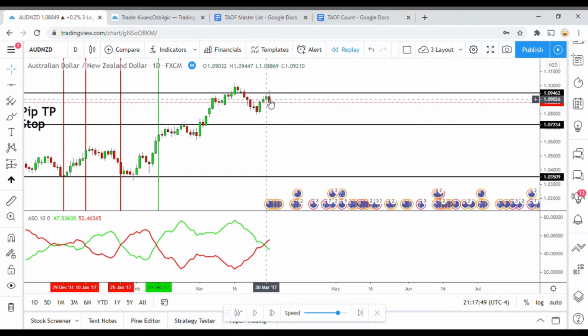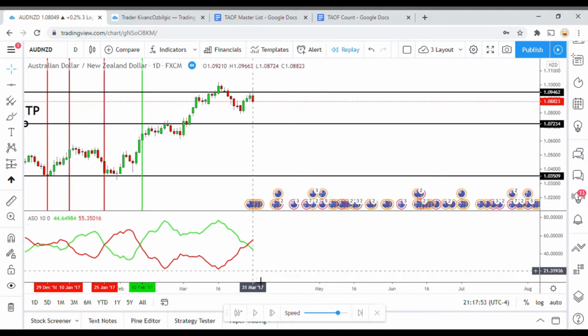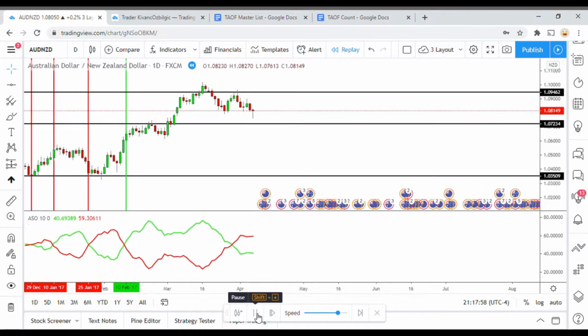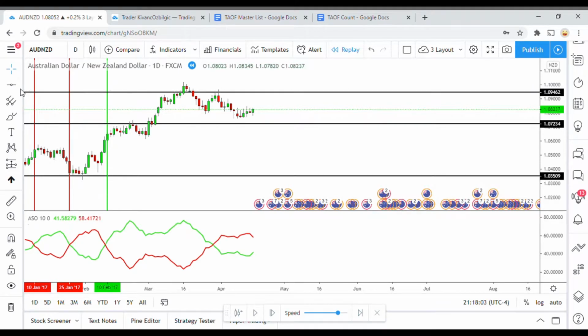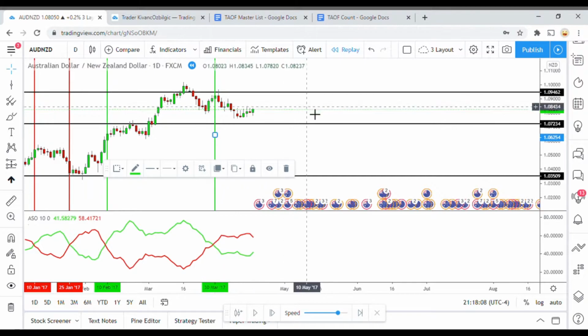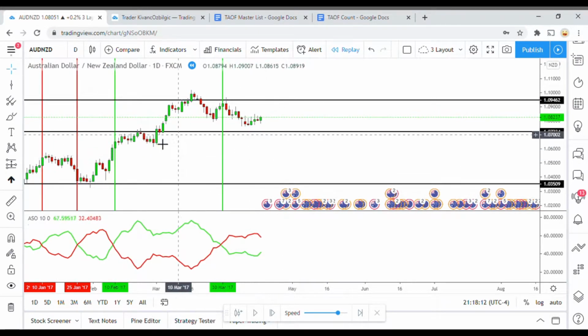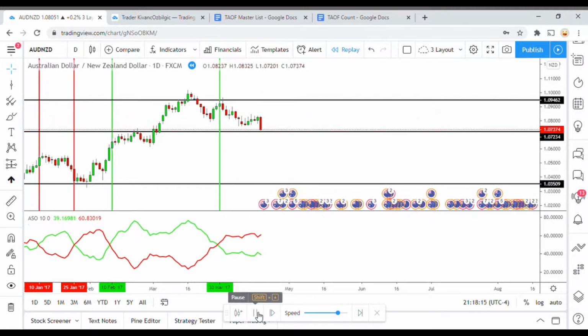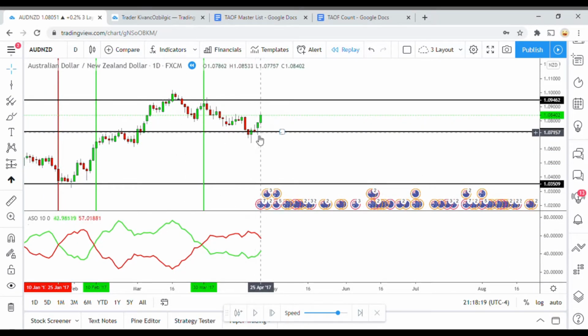Looks like it is trying to reject this area, and so very likely could now bounce off this area and then continue in a downward trajectory here, at least for a little while. And it did, and it gave us another take profit trade, so not too bad.